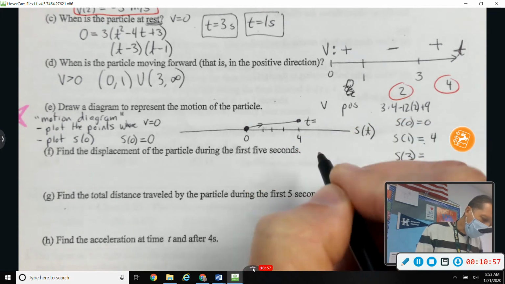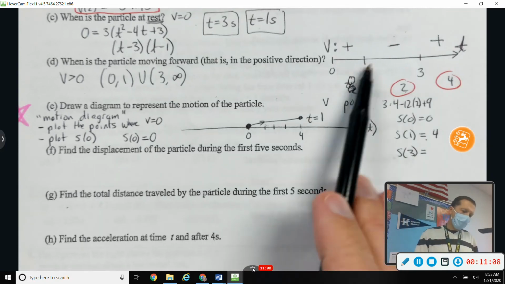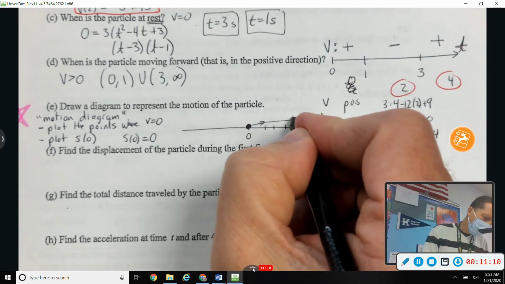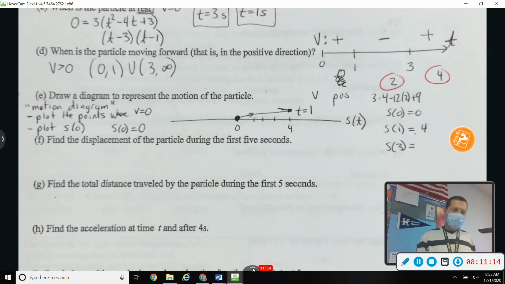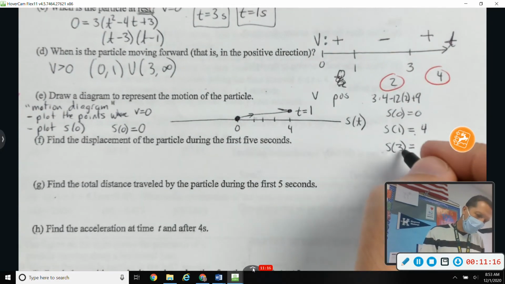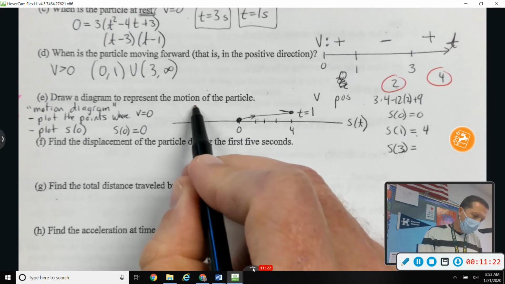And then we like to label that. So at t equals 1, we're at s equals 4. And we know it changes directions at 1, so it's going to turn around and head the other direction. But I don't know how far back it goes until I find S of 3. At 3 seconds, I need to figure out how far back does it go.